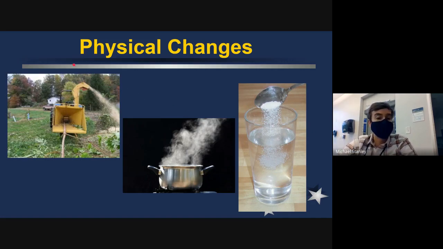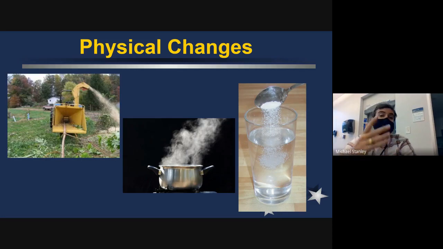So, physical changes, all about you have the same substance at the end that you started with, it just looks a little bit different. Instead of being a nice big piece of wood, it's a whole bunch of tiny pieces of wood. Instead of being lots and lots of big salt crystals, it's lots and lots and lots of invisible salt crystals.